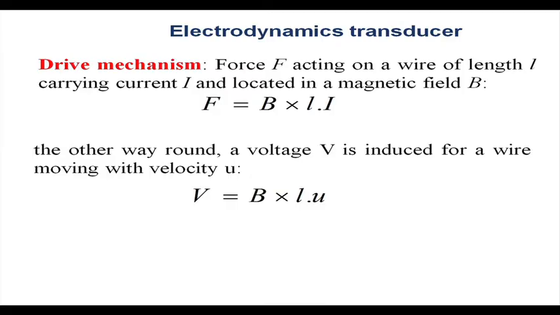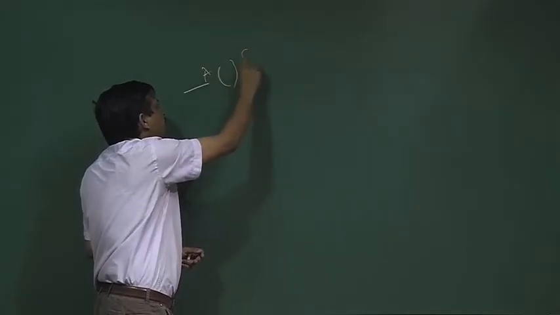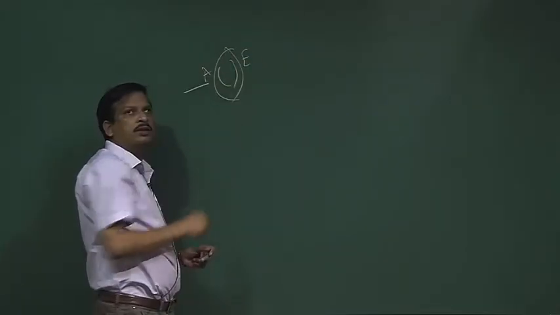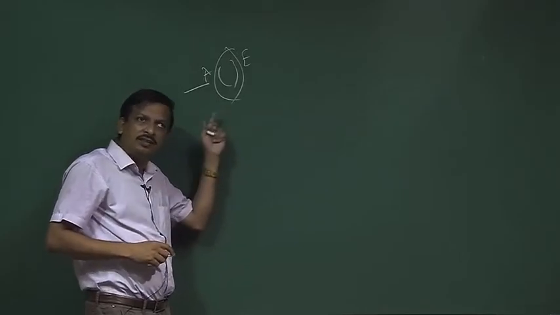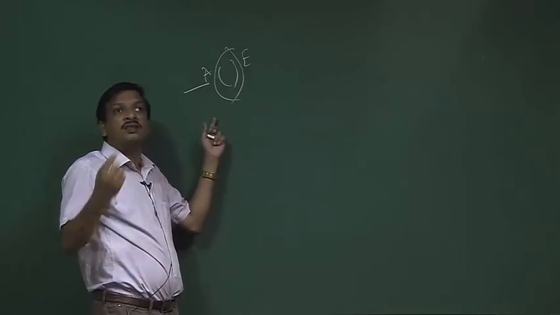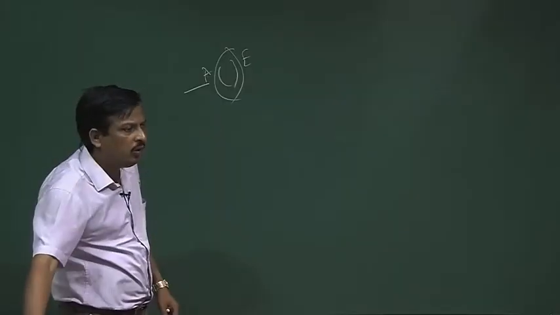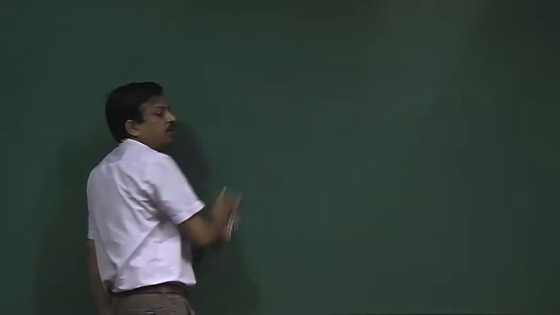Now, there is something called an electrodynamic transducer. The device which transduces acoustical to electrical is called a transducer. It may be a microphone or it may be a loudspeaker. So, it is nothing but an acoustical transducer. One form of the acoustical transducer is called the electrodynamic transducer.